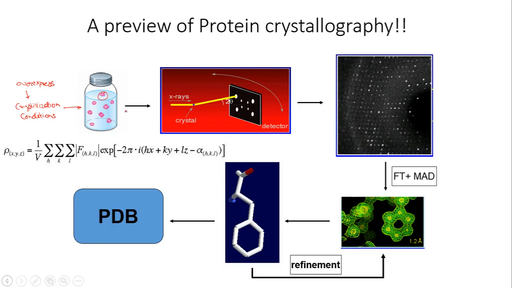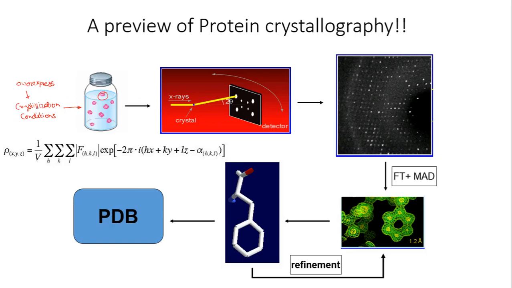Okay, so in crystallography, obtaining the protein crystals is the very rate limiting step, or you can say it is a very time consuming step in crystallography. Why? Because every protein is unique and they would crystallize at very different conditions.